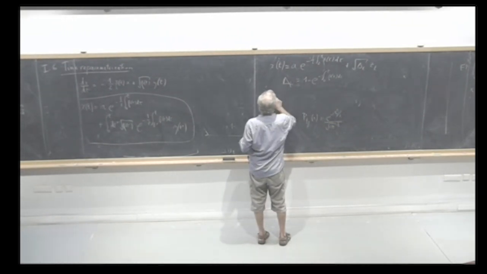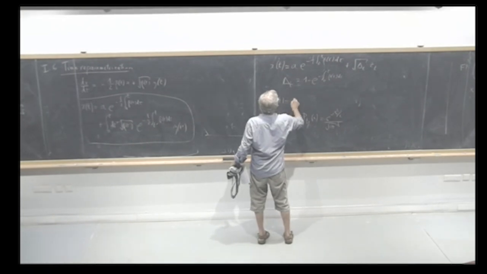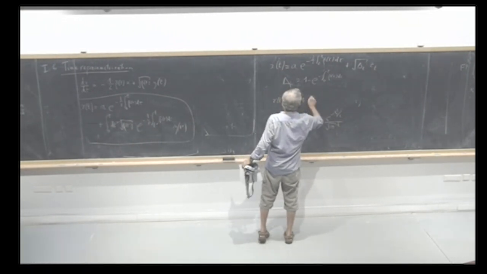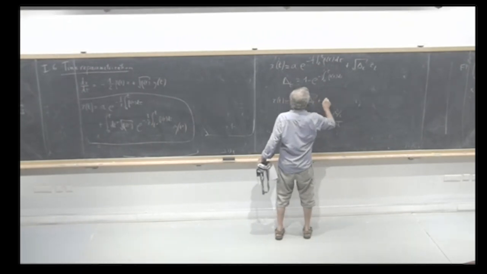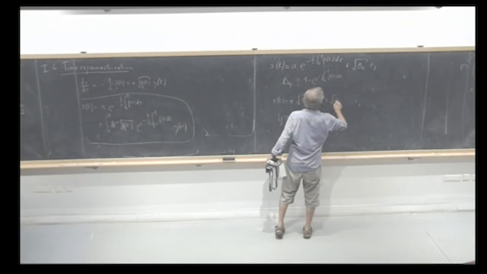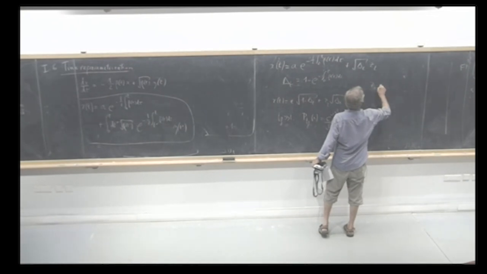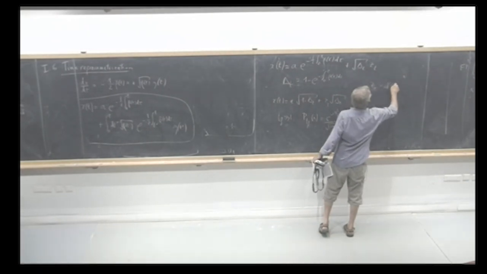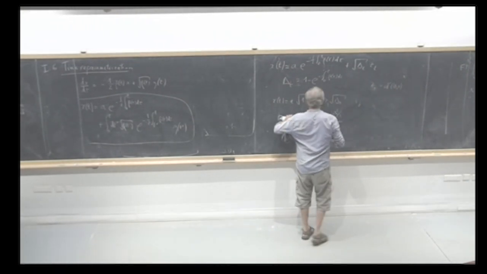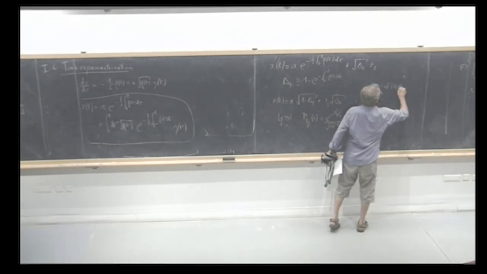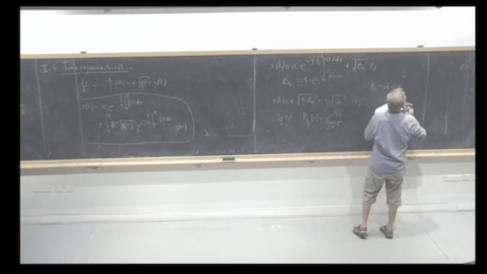So x of t can really be written as a times square root of 1 minus the variance plus a noise times square root of the variance, and the noise here, zt, is a Gaussian random variable of mean 0 and a unit covariance matrix.